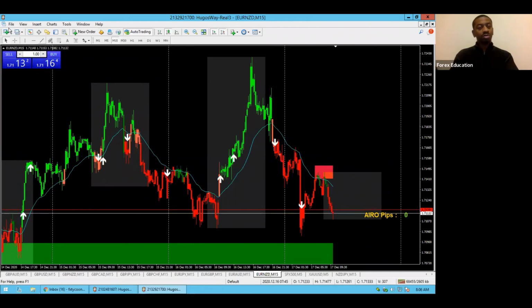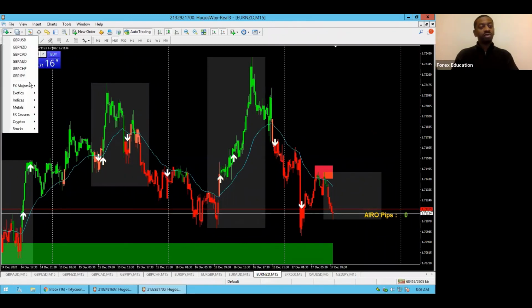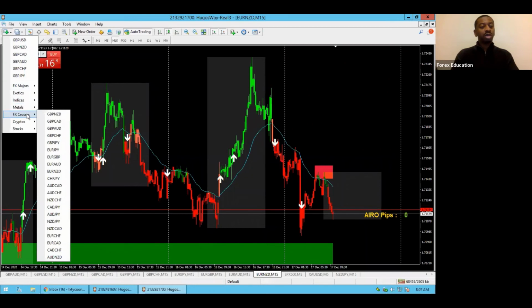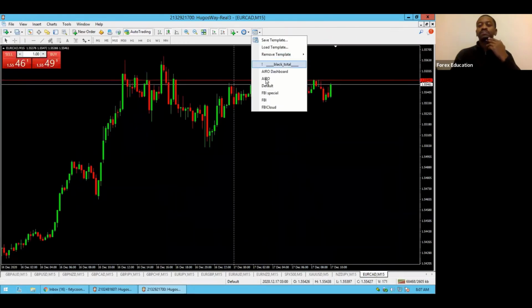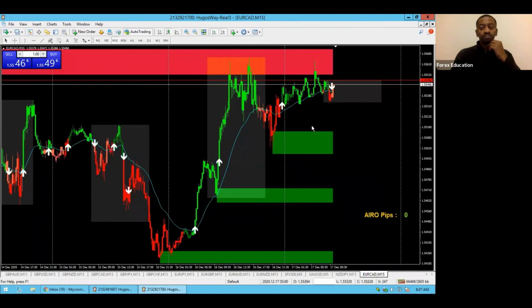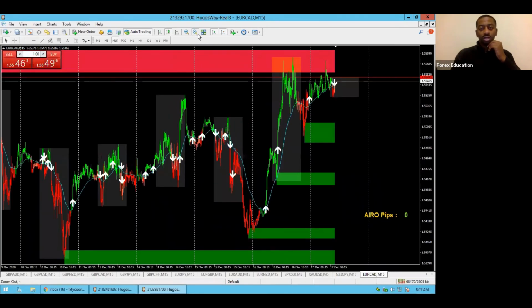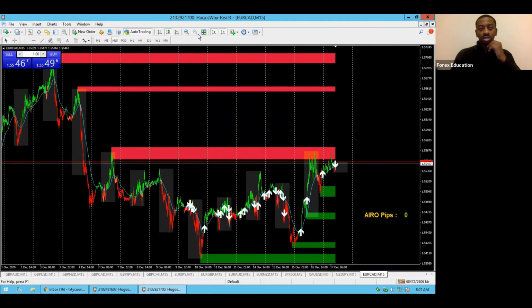EuroCAD. So I don't trade EuroCAD very often. So we will go pull it up real quick. EuroCAD is 1, 2, 3 reds, 1, 2, 3, 4 green.